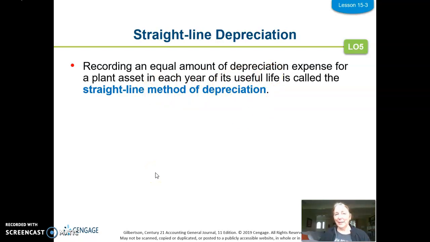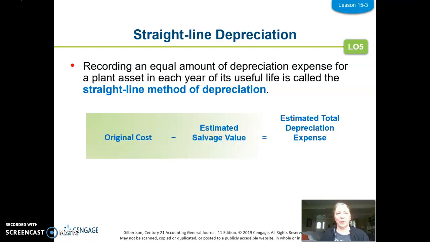So that is the easiest, it is the most commonly used without a doubt. So let's look at how we're going to compute that. We take the original cost, which includes everything to get it usable, minus its salvage value, what we think it's going to be worth or we could get out of it at disposal, and that's our total depreciation expense for the entire period.